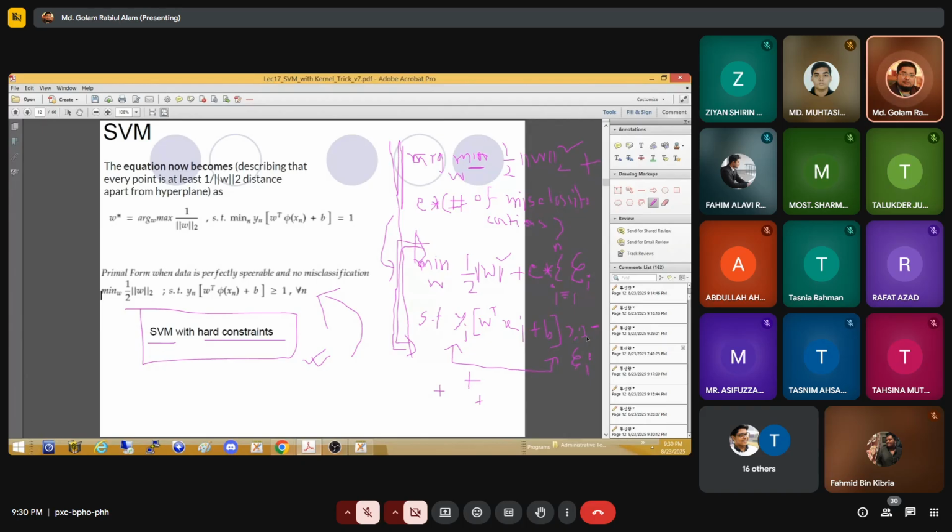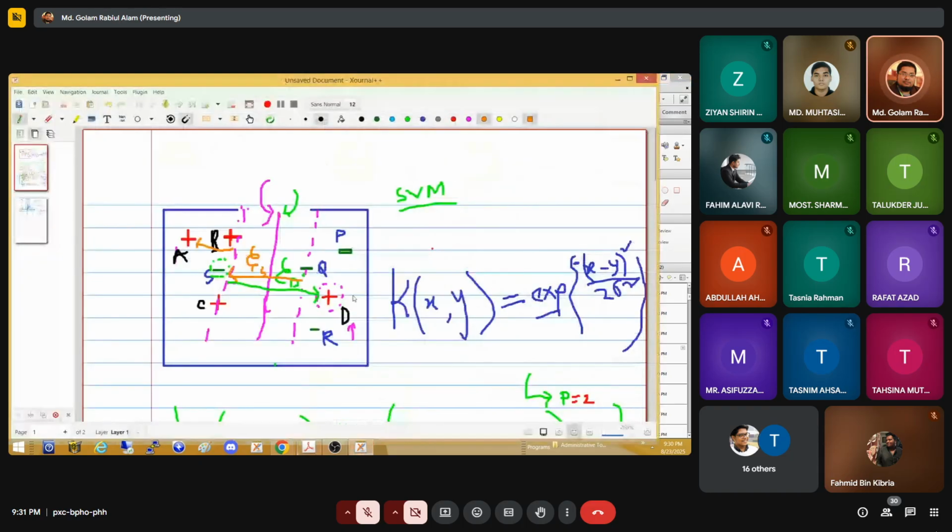But now for the misclassifications, we are allowing a few misclassifications by adding this one, that is slack. So in that case, maybe consider just one misclassified instance. For this d, for this d.